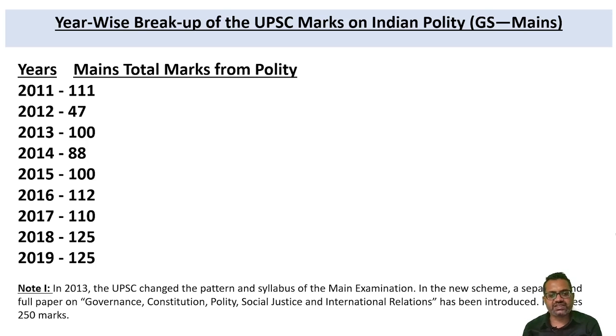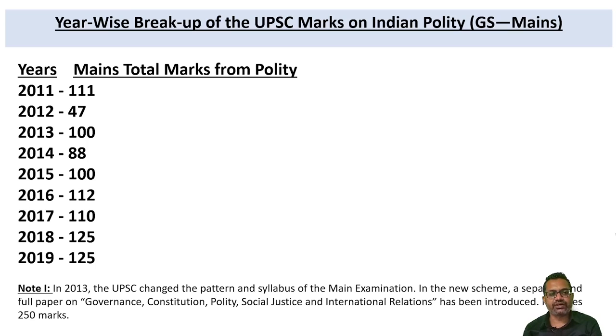Now you will see the breakup of polity and governance, or how many marks this section carries out of the 250 marks of the GS2 paper. In 2011 there were 111 marks out of 250. These 111 marks were related to questions from governance, polity and constitution.